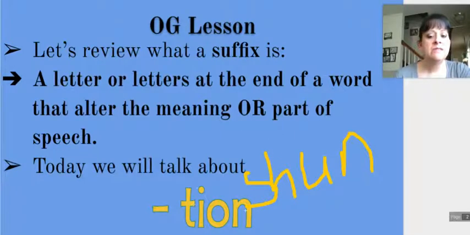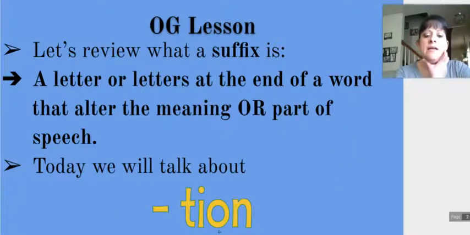So this suffix, tion, says shun. Okay? So every time you see that, it says shun. So let's move through our lesson here. And it's a suffix added to the end of a word.